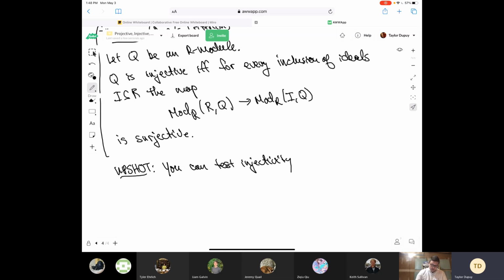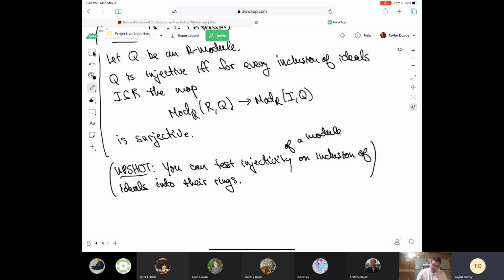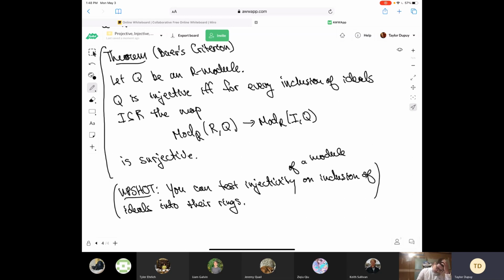You can test injectivity of a module on inclusions of ideals into their rings. So it gives us a nice way of determining when Q is injective.